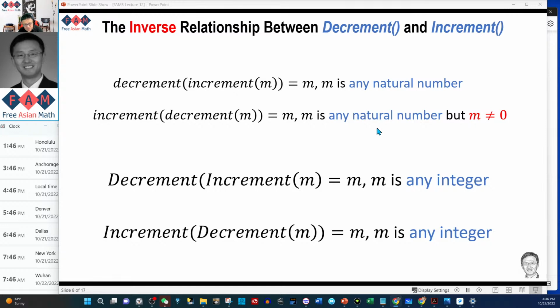If you do increment first, then decrement second, or you do decrement first, increment second, you get exactly the same number you begin with. That's very obvious. Of course, we can formalize this, prove this, but this is so obvious. So this is very fundamental, okay? Essentially, you plus 1 and minus 1, or you minus 1 plus 1, all gives you the same original number. Okay? So we will see how this will help us later today.